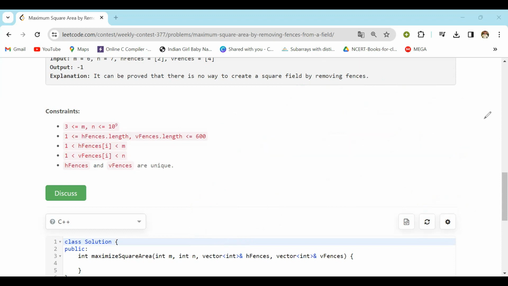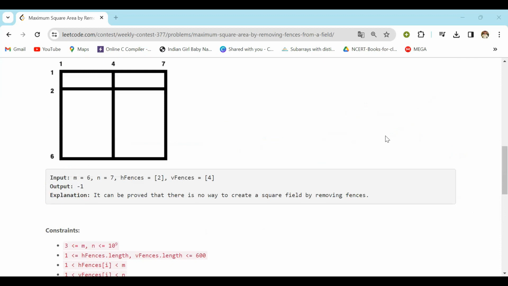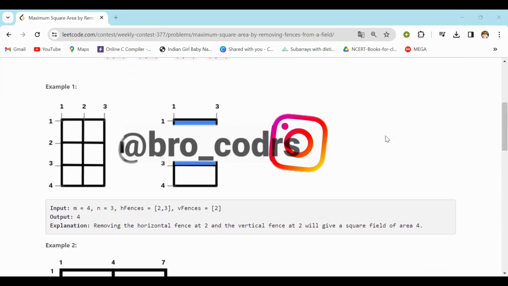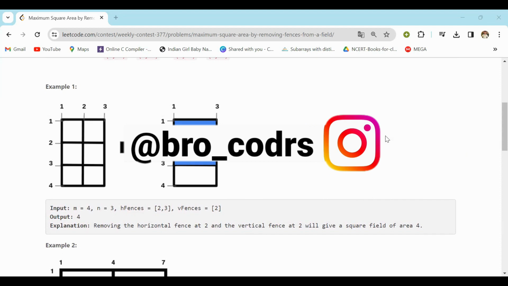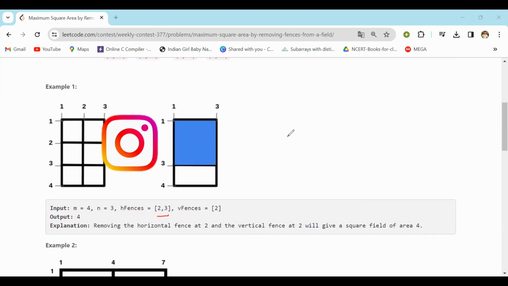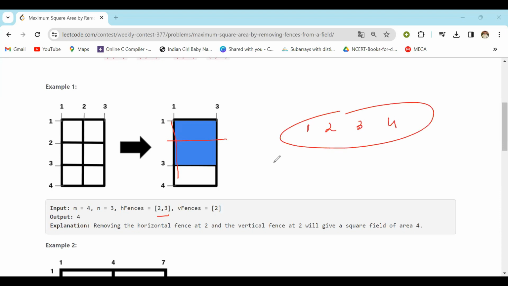If we check for any example here, these are the horizontal fences we have. So what are the different lengths possible here?